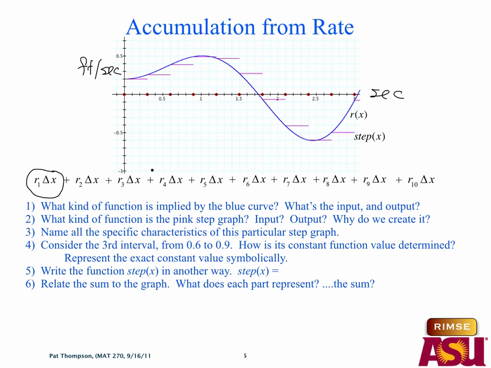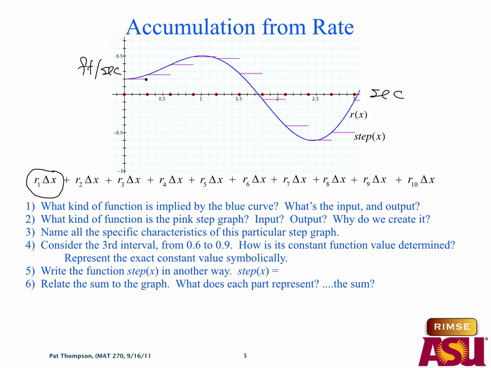Okay. So maybe assigning some units will give us a way to talk about this. I like it. We'll go with that. So this rate of change is giving us feet per second. The x-axis is seconds. So R1 is a rate.